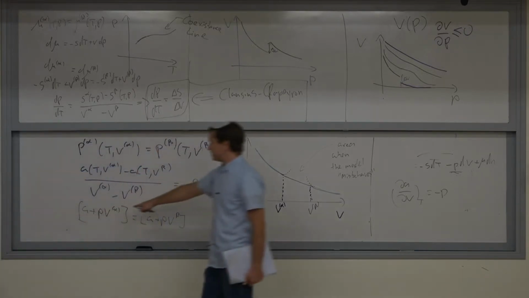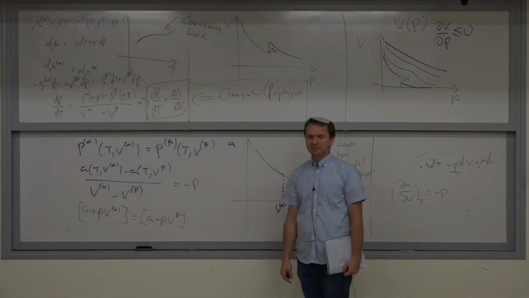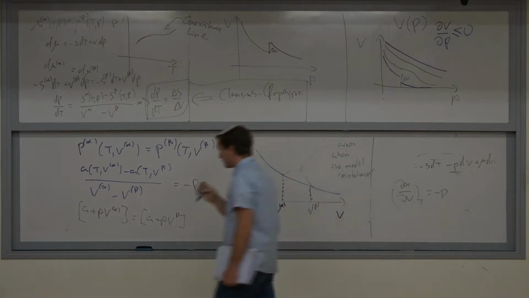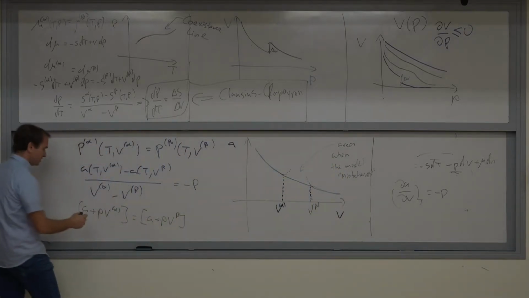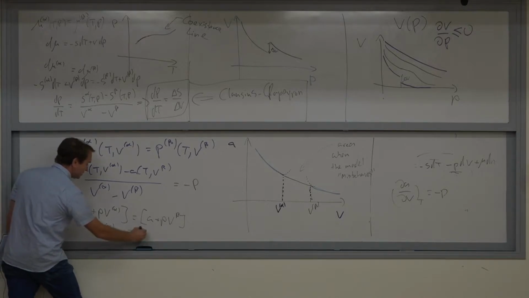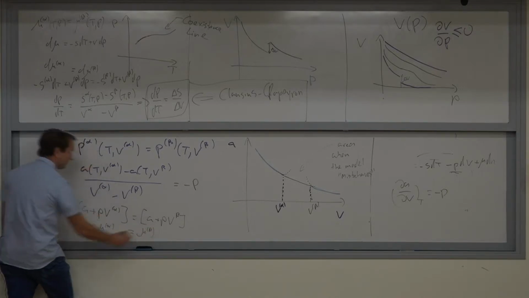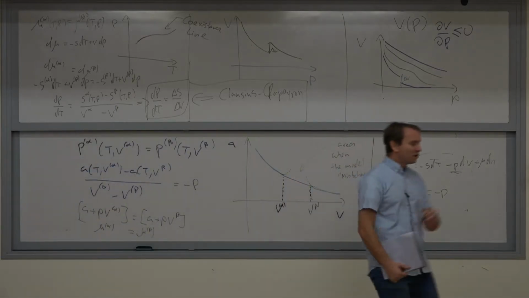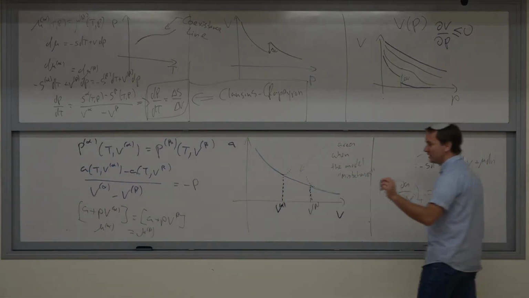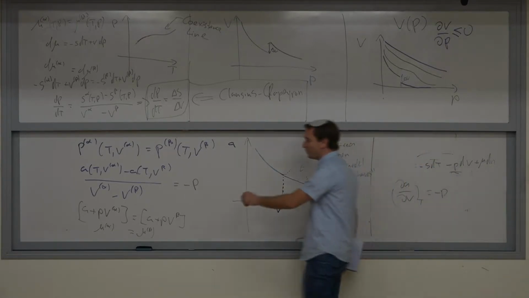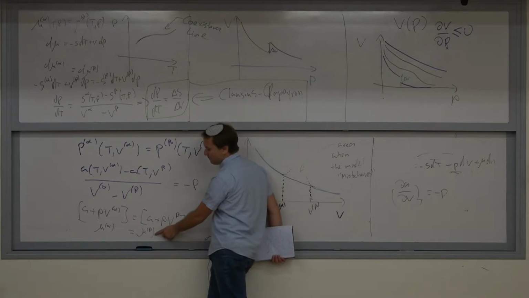But what is A plus P V alpha and what is A plus P V beta when we have only one component? It's the Gibbs free energy, and it basically says that mu alpha equals mu beta. And this is exactly our condition for the coexistence curve, right? What should happen at the coexistence curve is that the chemical potentials are exactly the same.